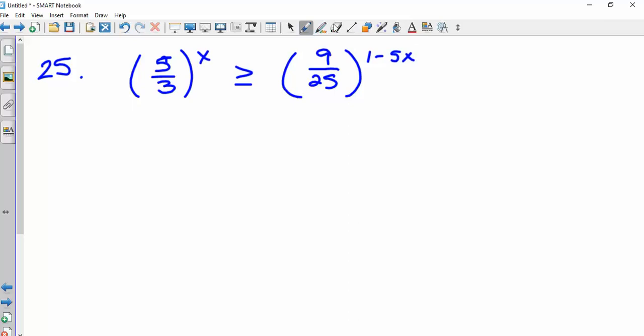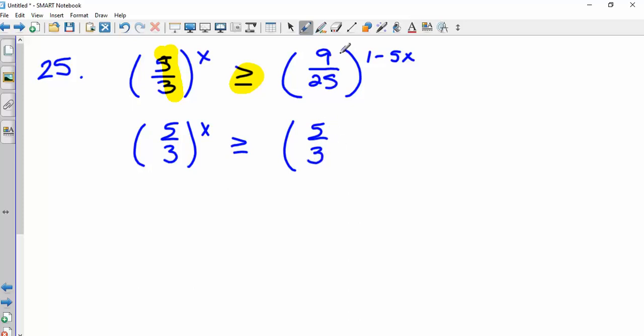It's an inequality, so we want the base to be bigger than 1, but 5/3 is, so I don't need to flip that. Okay, so I need this one to be 5/3. If I want the 5 on top, what kind of power does it need to be? A negative, and it would be a 2. 5 squared is 25, 3 squared is 9.